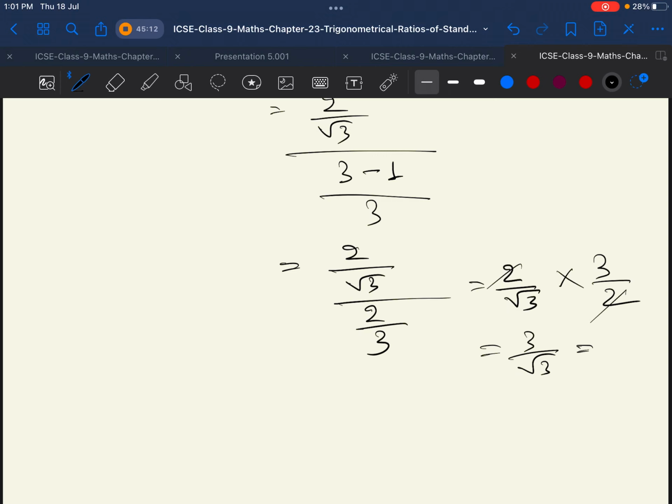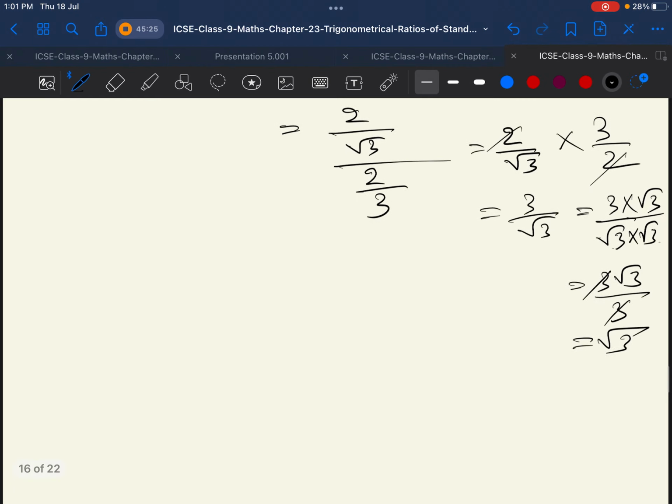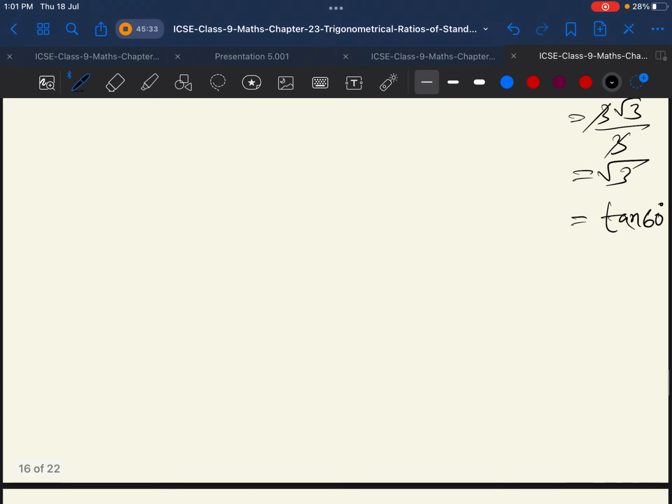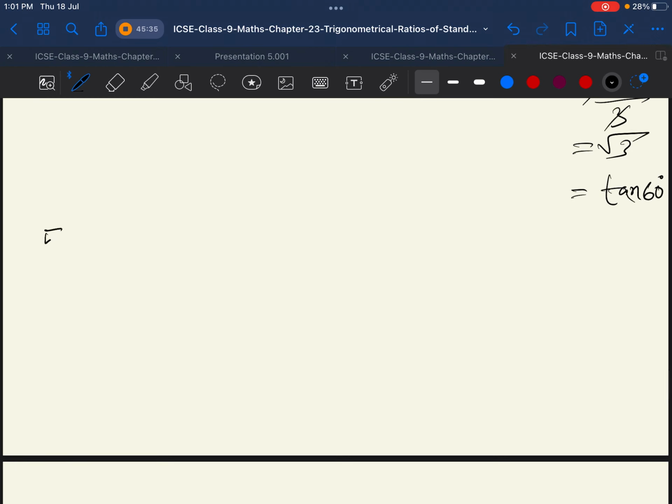By rationalization method we can write 3 by root 3 as root 3, 3 root 3 by root 3 into root 3, 3 cancel, this is root 3, so this will be tan 60 degree.